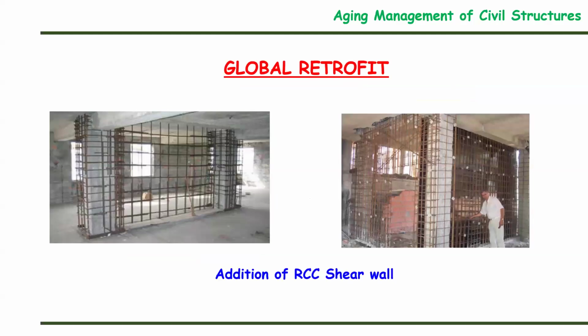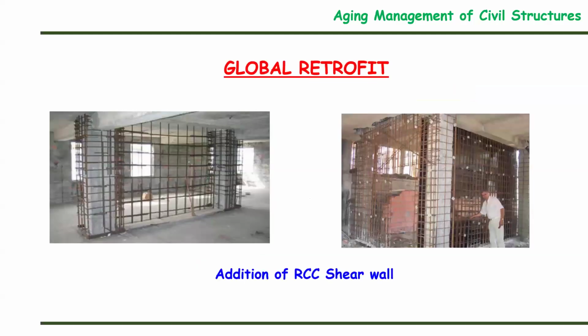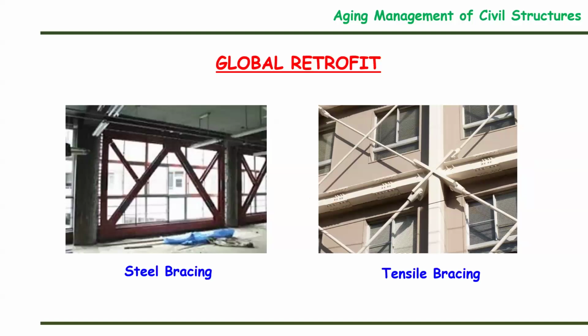By using these additional structural elements, the result is enhanced lateral load carrying capacity and enhanced seismic margin. This slide shows an example of the addition of an RCC shear wall as a global retrofit. This slide shows an example of steel bracing or tensile bracing as a retrofit option.